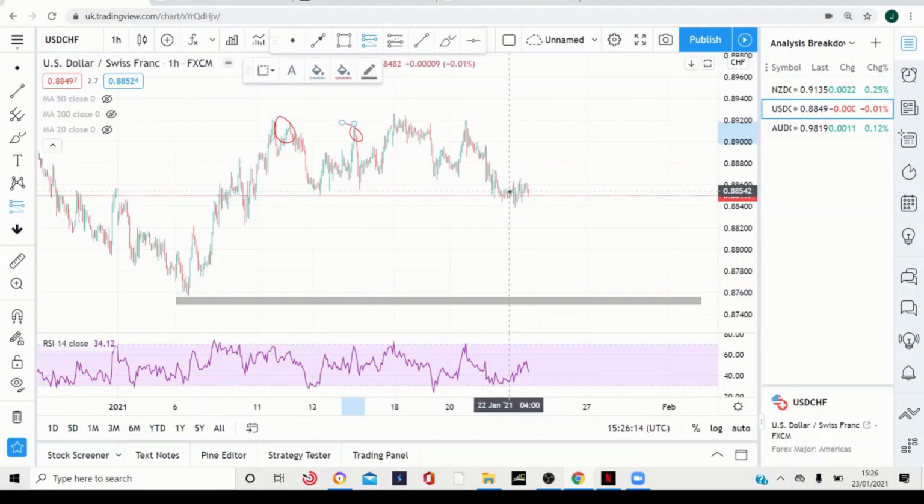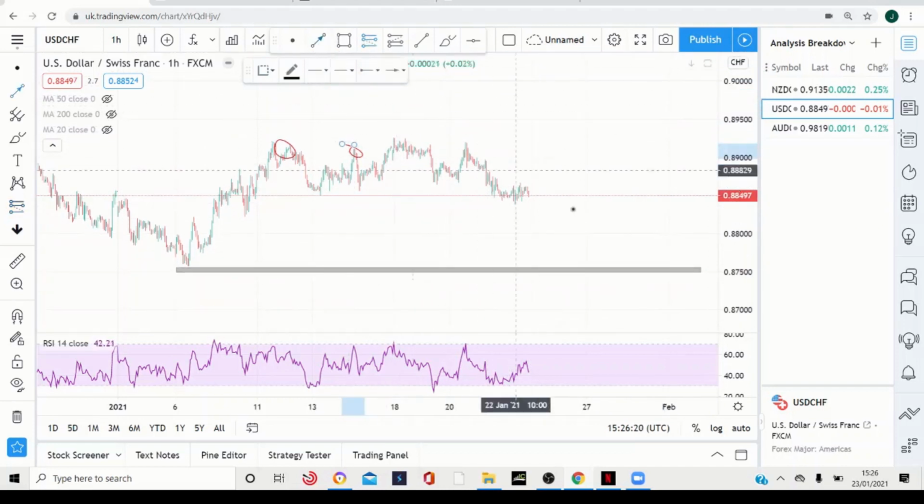So what I would love to see, I love to see the market push lower. Let me just draw what I think. This is how I would look at this.